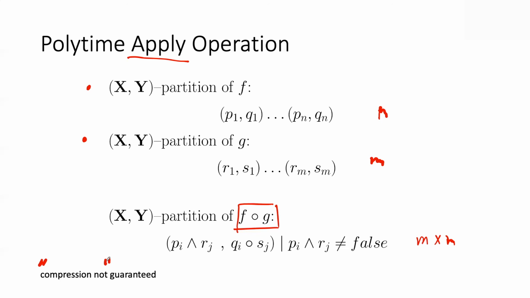So the difference between this and OBDDs is, yes, we do have an apply operation and it's quadratic, but it doesn't guarantee that the result is actually compressed, but it will give you an SDD in quadratic time, and that's the basis of the apply operation. And next we'll see how it can be used to do bottom-up compilation.